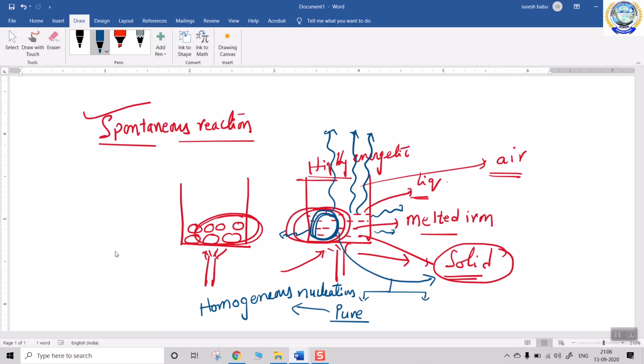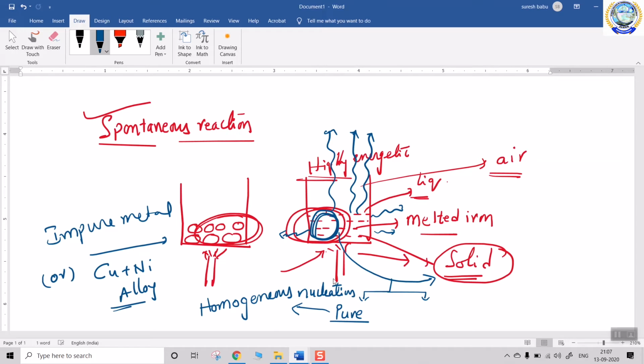Suppose you have taken an impure metal, or a combination of metals, let us take the example of copper and nickel. That means if you have taken an alloy, in such a case that type of solidification is called heterogeneous nucleation.